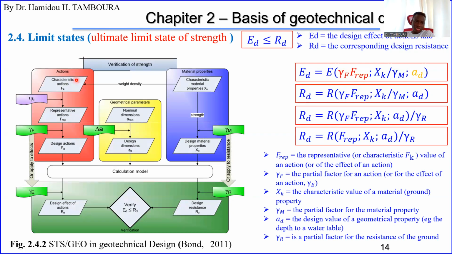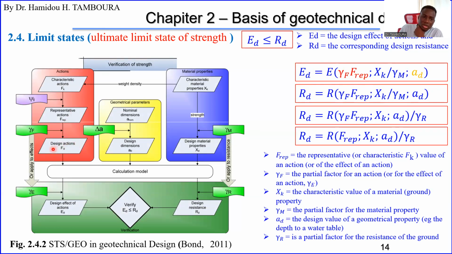In case you are using characteristic action, you have to use this partial factor to multiply it, to minimize or maximize the action. And you can use this when you are using representative action. So F representative, you use the partial factor gamma F, which is in red here.